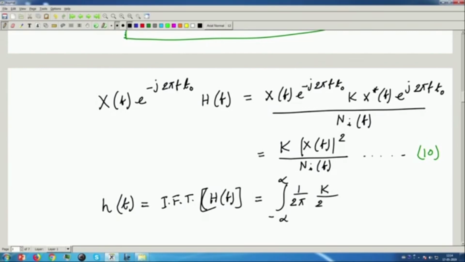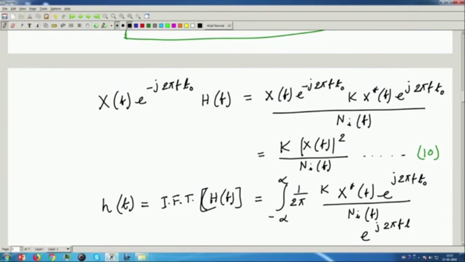Now if I put the value, that K into X star(f) e to the power j 2 pi f t0 divided by N_i(f), then e to the power j 2 pi f t df.